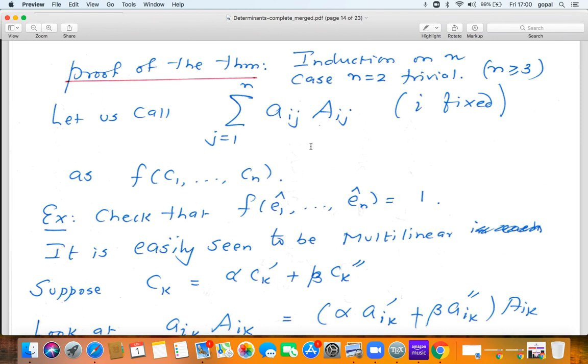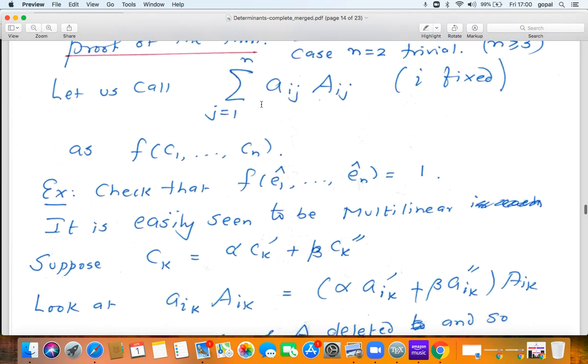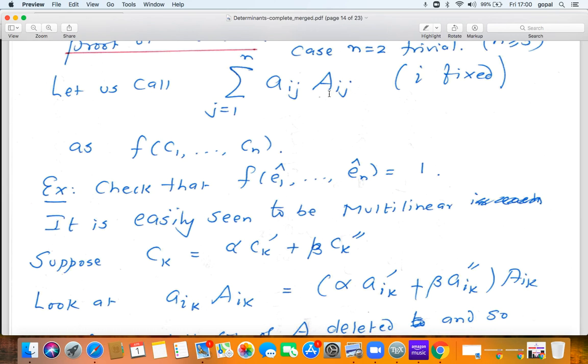Let us check multilinearity in the kth column. Suppose Ck is split as alpha Ck prime plus beta Ck double prime. Look at the j equal to k term, aik times capital Aik. Remember, when I form the cofactor Aik, the kth column is not going to be there.